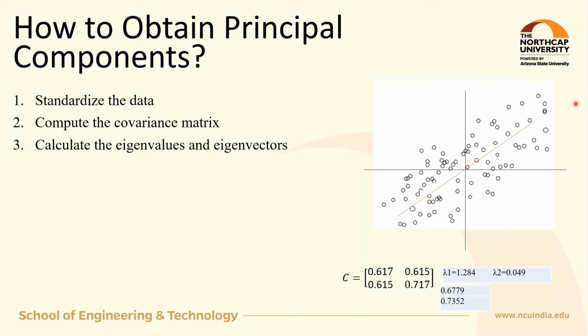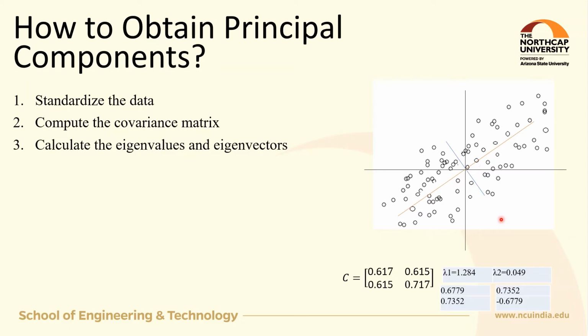Similarly, corresponding to lambda 2, I got this eigenvector 0.73 and minus 0.67, which will be represented here as a point, and the blue line represents this eigenvector, which is perpendicular to the first eigenvector and totally uncorrelated.